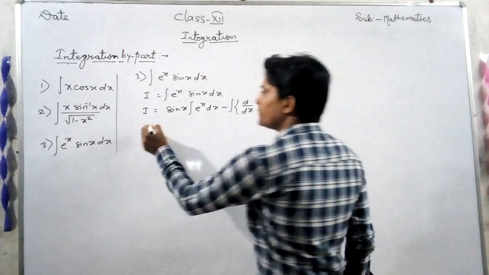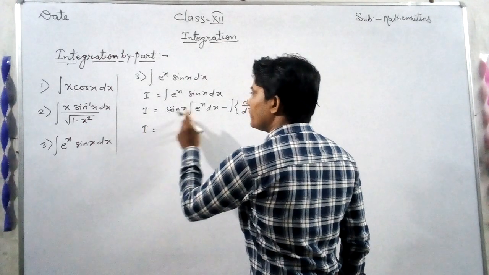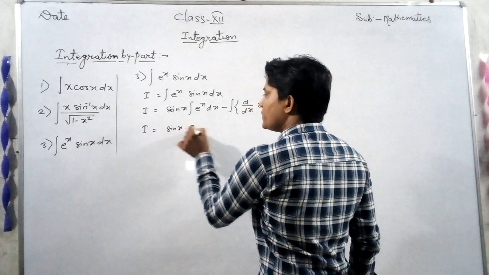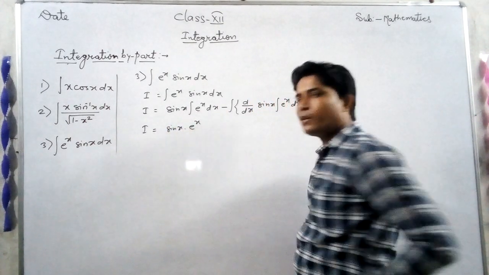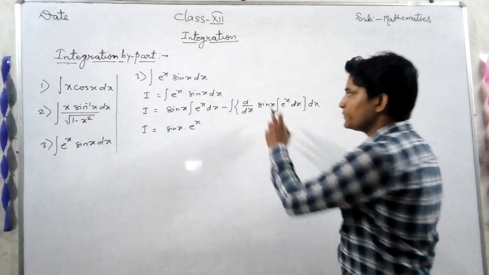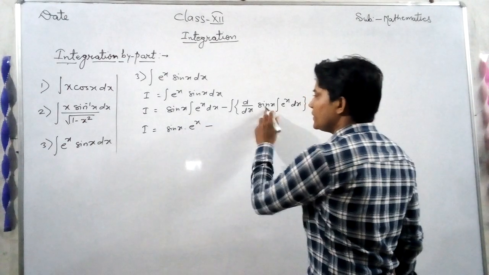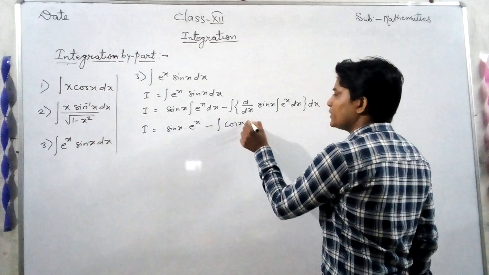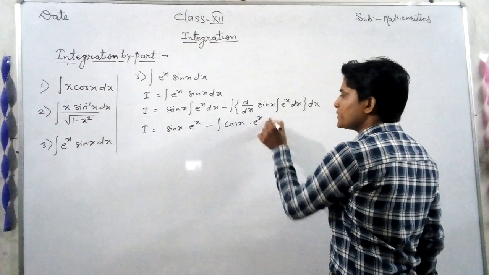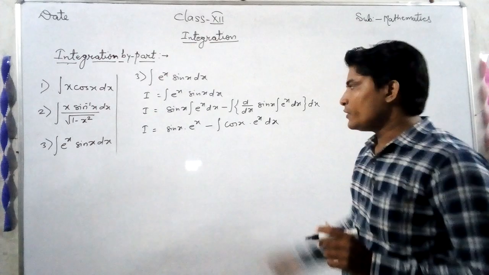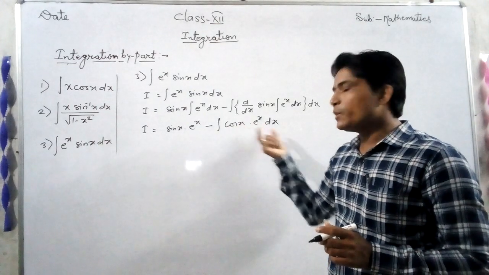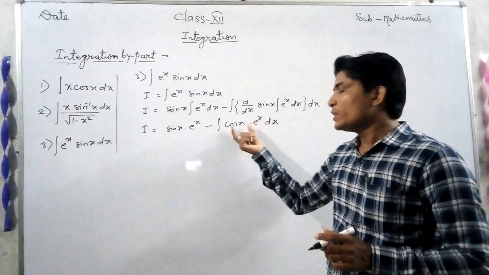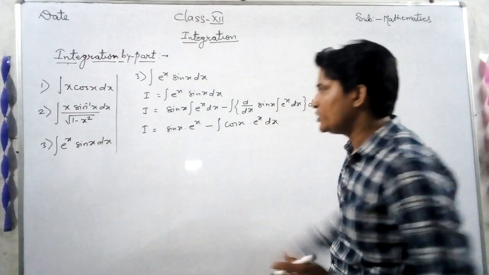Is that clear? So, student, I equals sin x as it is, and integration of e to the power x, we know, is e to the power x, minus integration of the derivative of sin x, which is cos x, times e to the power x again. Here it is clearly shown that it is again a function, cos x e to the power x. So this one is again f(x) and this one is g(x).